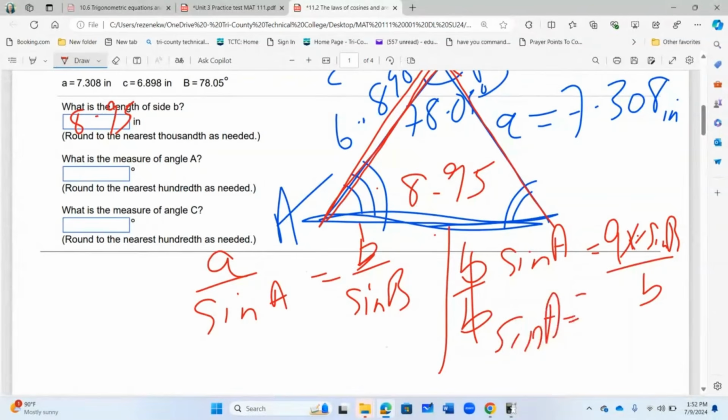A is 7.308 multiplied by sine B. Sine B is 70.05, all divided by B, 8.95.